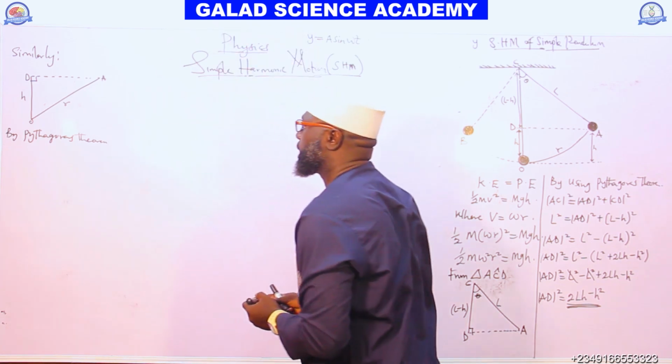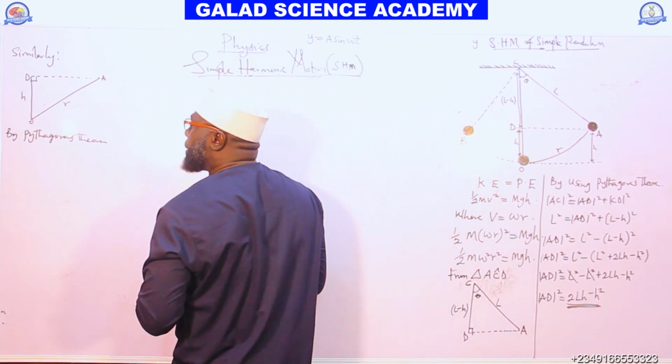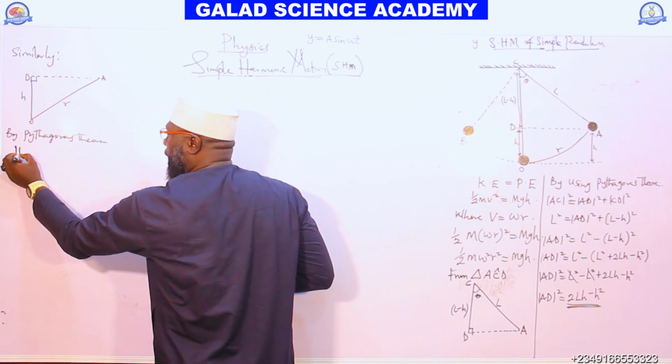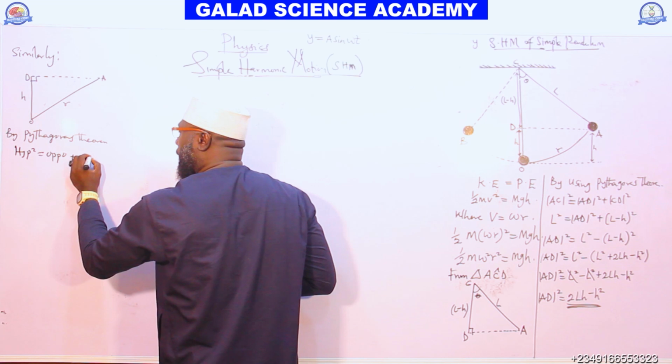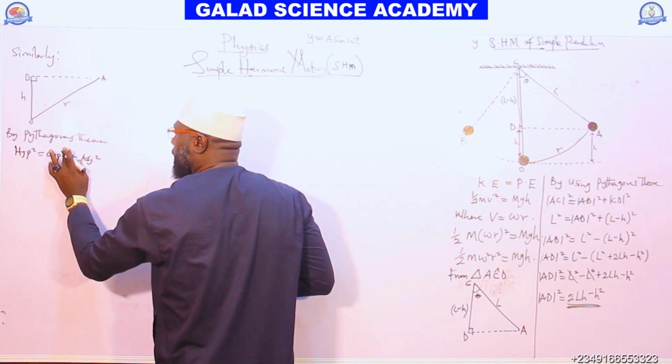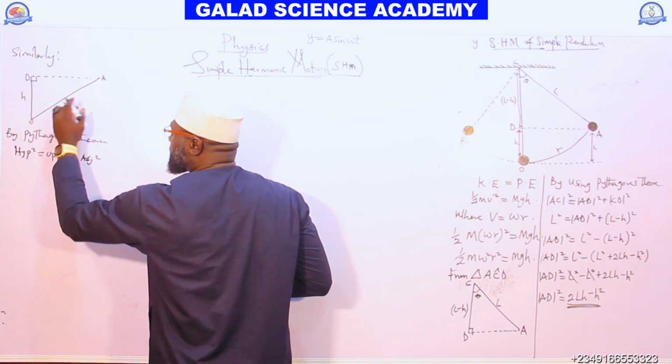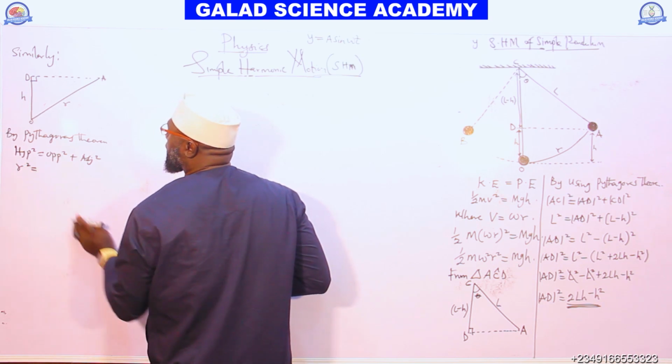So the hypotenuse square equal to opposite square plus adjacent square. Hypotenuse is R square.